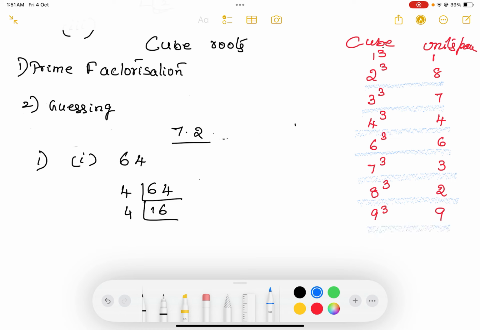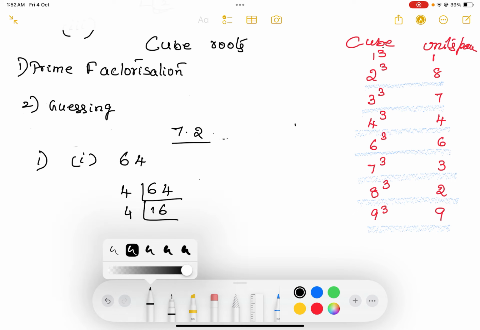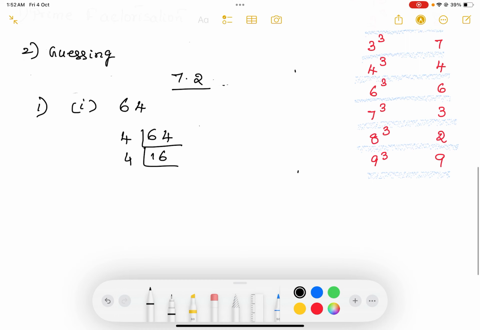You have to memorize these units places, because the guessing technique will come at that time. Now, 4 fours are 16 and 4 ones are 4. So 64 is given by 4 cubed. Therefore the cube root of 64 is equal to 4.